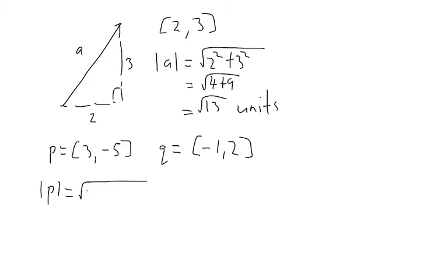It's going to be the square root of 3 squared plus negative 5 squared, which equals the square root of 9 plus 25, equals the square root of 34 units.